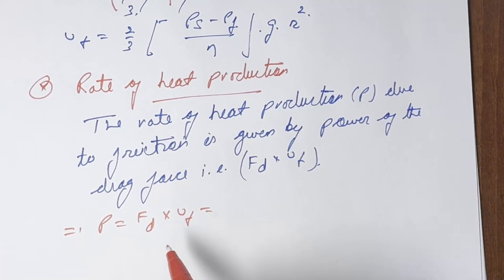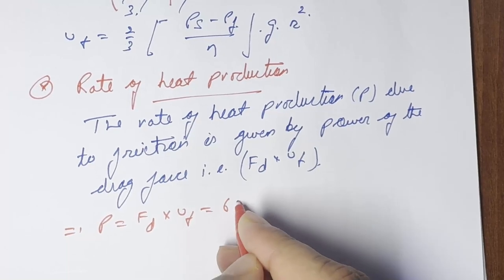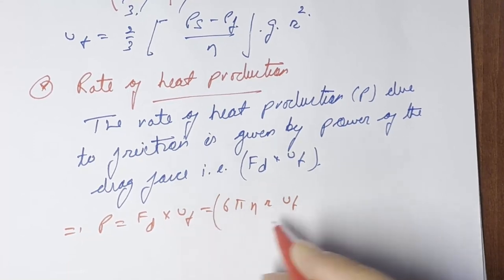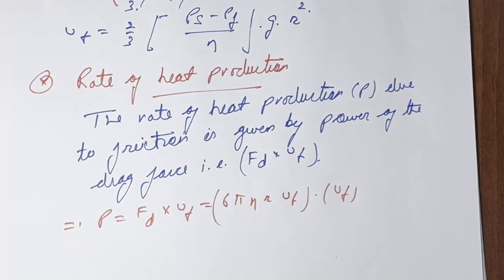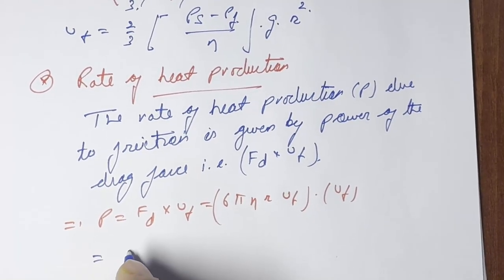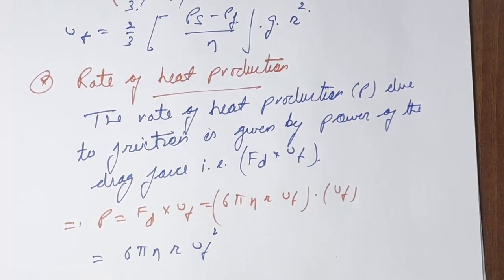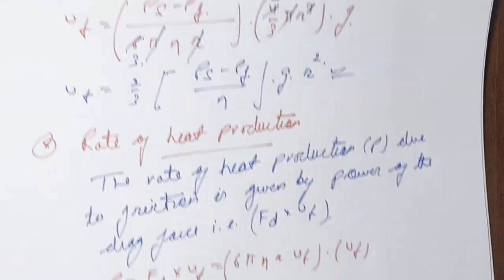We substitute the value of Fd as well as Vt. Fd is our drag force, that is 6 pi nu r multiplied by Vt, and this is further multiplied by Vt, so Vt becomes Vt square. So we can write this as 6 pi nu r Vt square, and we substitute the value of Vt from this equation.